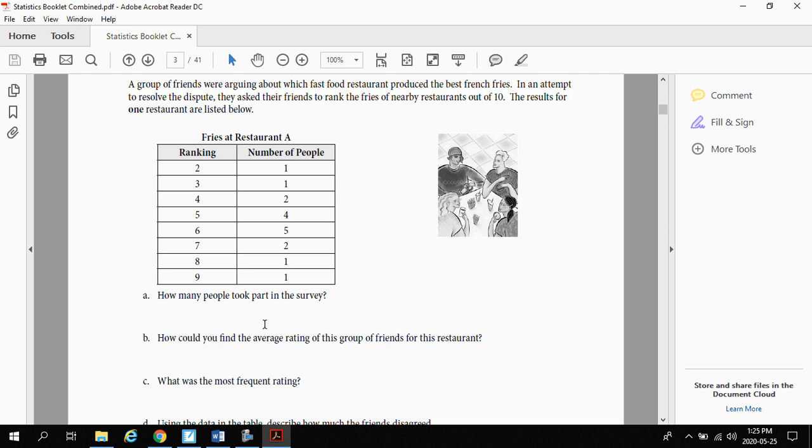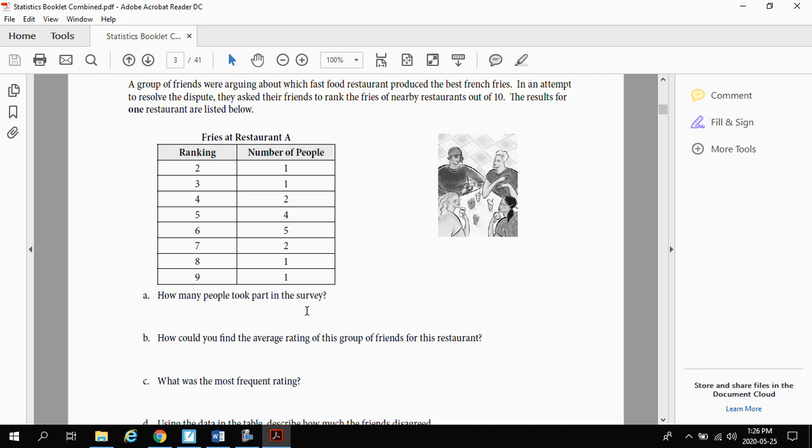So the way that you would find the mean is you would add up the rankings and divide by 17. So we would add 2 plus 3 plus 4 plus 4. Again, 2 people gave a ranking of 4, so you'd need to add it twice. Plus 5 plus 5 plus 5 plus 5, and so on. And then you would divide it by the number of people that were surveyed. So 17 people surveyed in total.